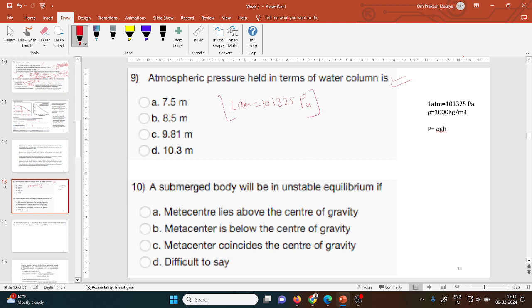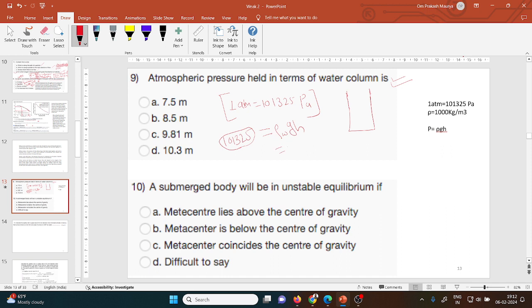So in terms of water column, pressure equals rho g h, where rho is the density of water and h is the height.